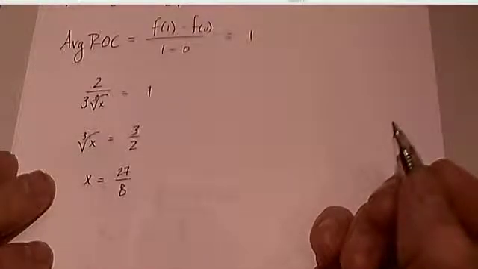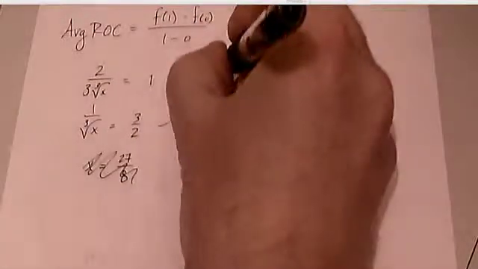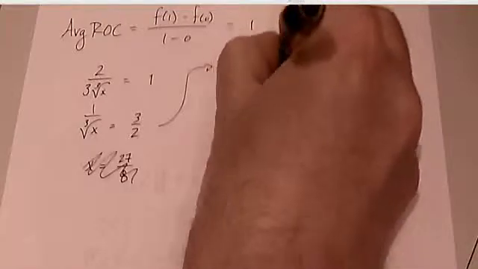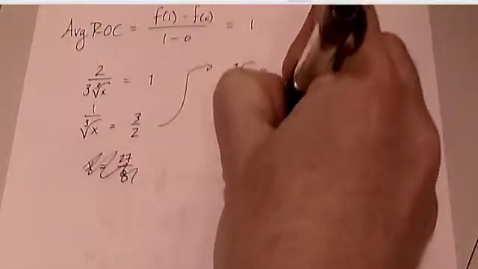Oh, I messed that up somewhere. Where did I mess that up? Oh, yeah, because it's that. Sorry, so it's the cube root of x is equal to 2/3. Sorry, I forgot that that was in the denominator. And therefore, x is equal to 8 over 27.